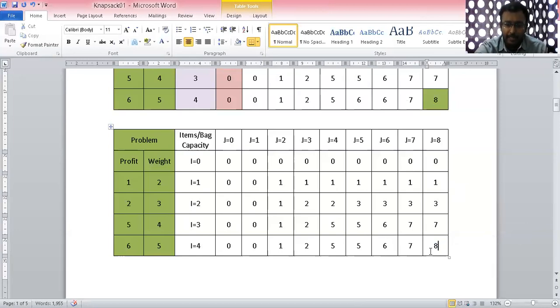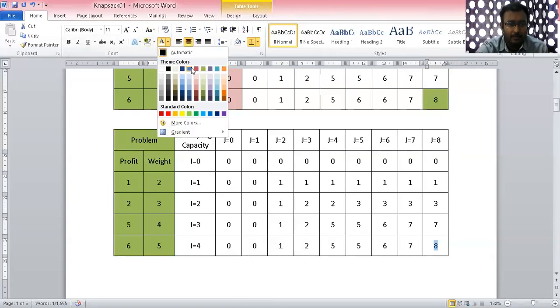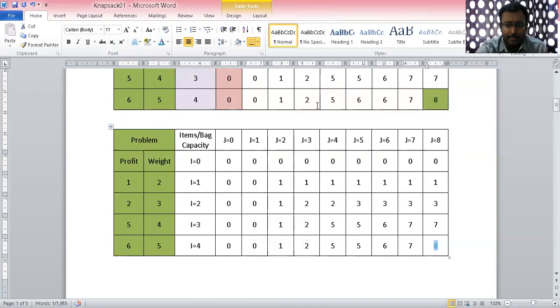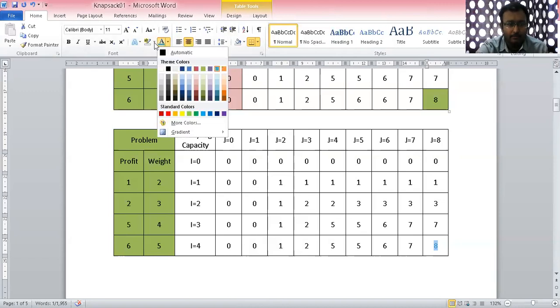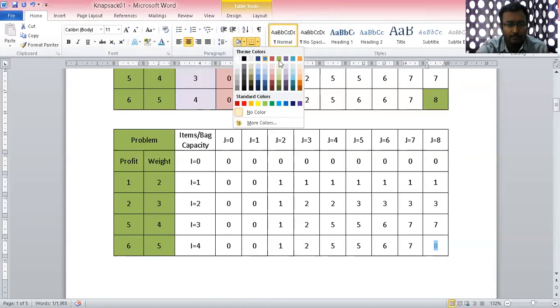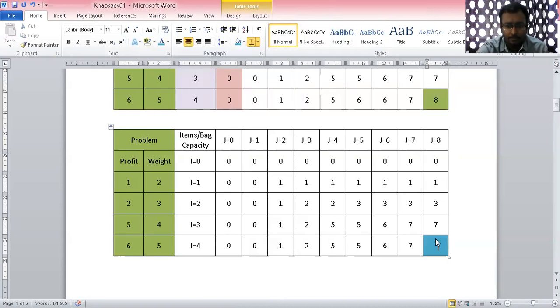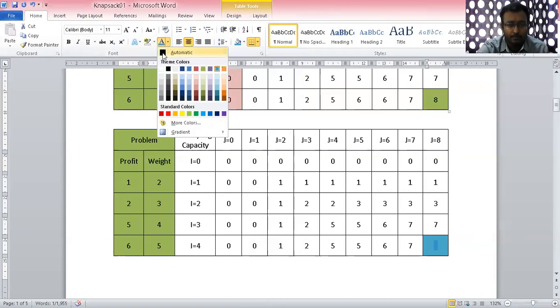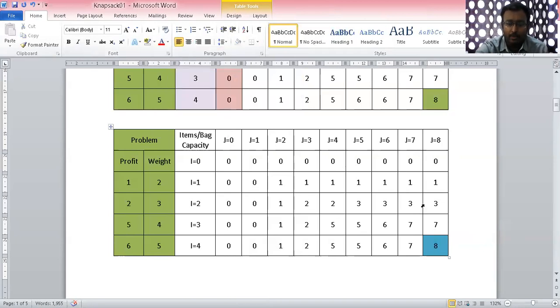I'm starting from my last box, and I'll highlight it with a blue color.